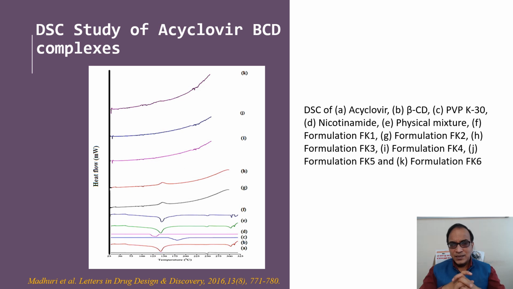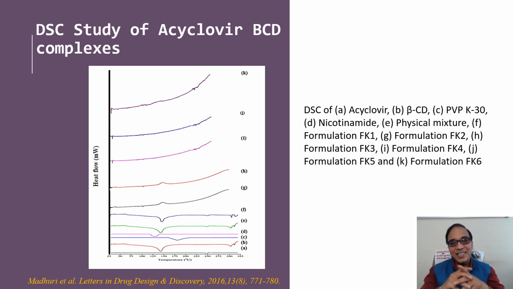Let's see a unique example with the acyclovir BCD complex we studied. As you can see in this diagram, the DSC curve of the drug, acyclovir, is at the bottom. Then the upper one is the beta cyclodextrin. Then above it is PVP K30 and nicotinamide. Then its physical mixture you can see, and above all are the formulations of cyclodextrin complexes.